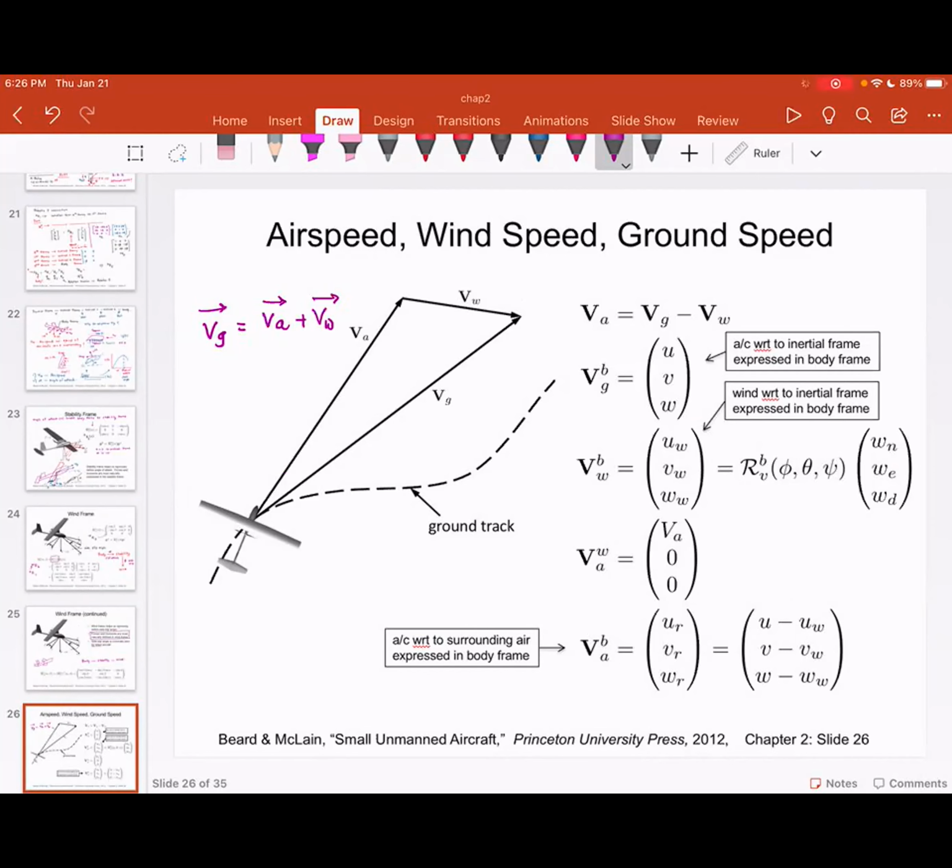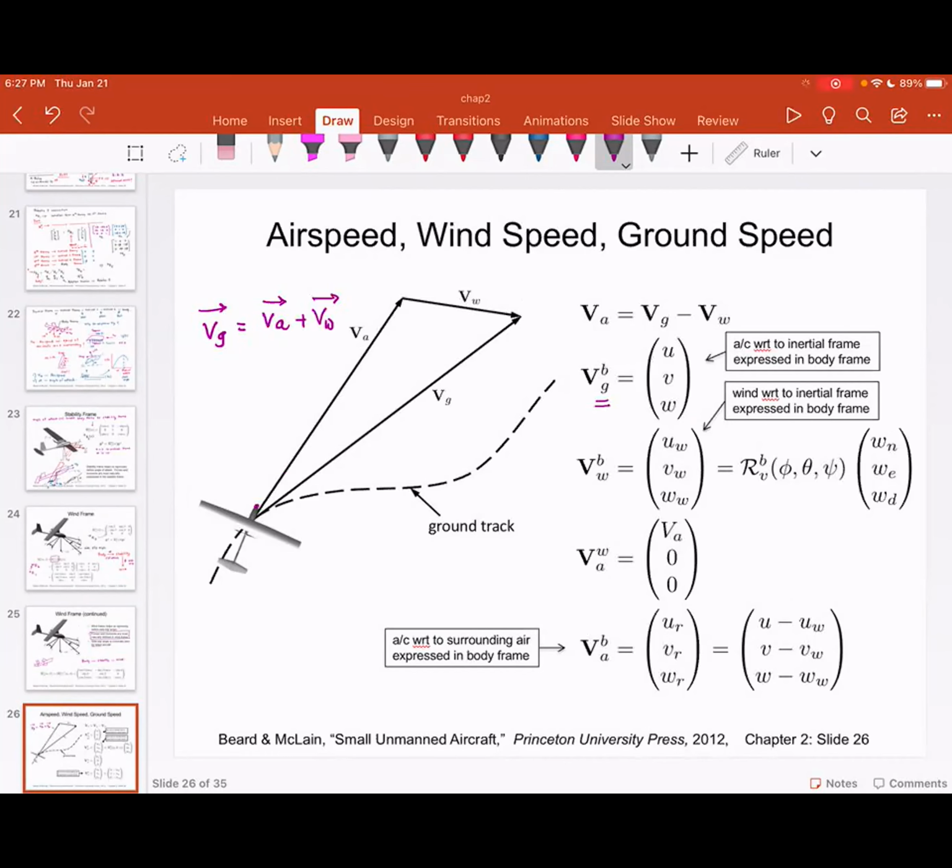One thing I want to talk about here is the ground speed, which is expressed in the body frame. Let's imagine where the body frame is. The body frame is over here, after roll, pitch, and yaw, with all the attitude angles taken care of.